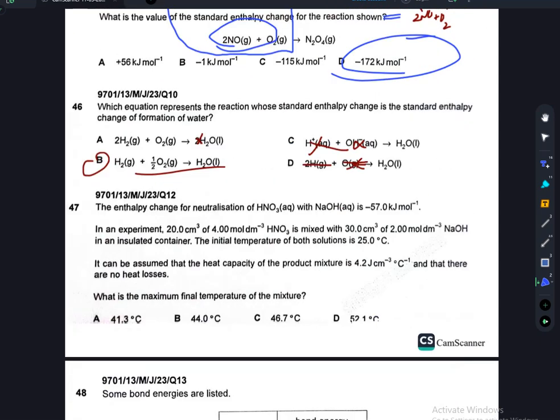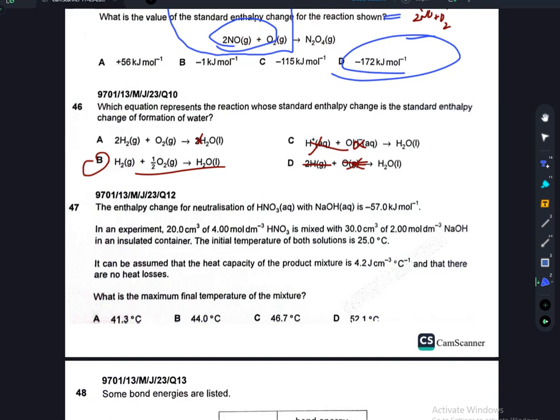I've done 46. Now we're going to do 47. Enthalpy change for neutralization of HNO3 with NaOH is minus 57 kilojoule per mole.